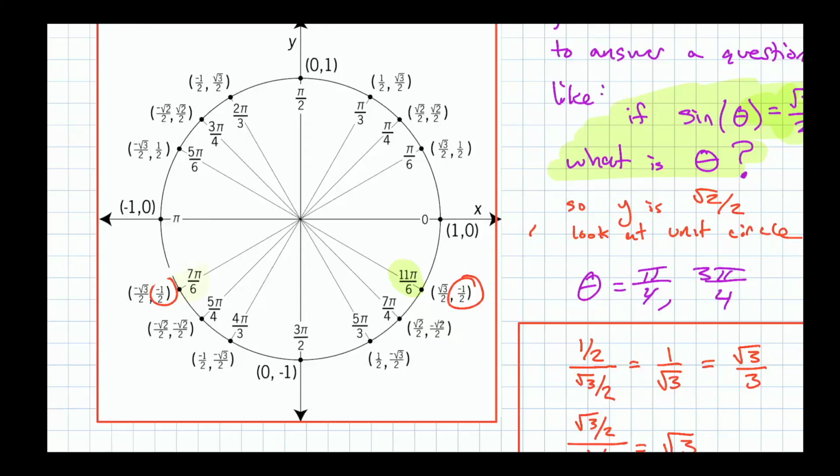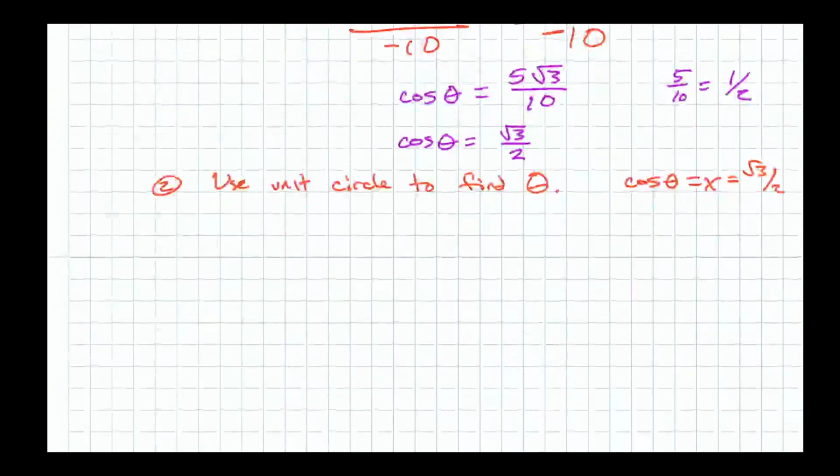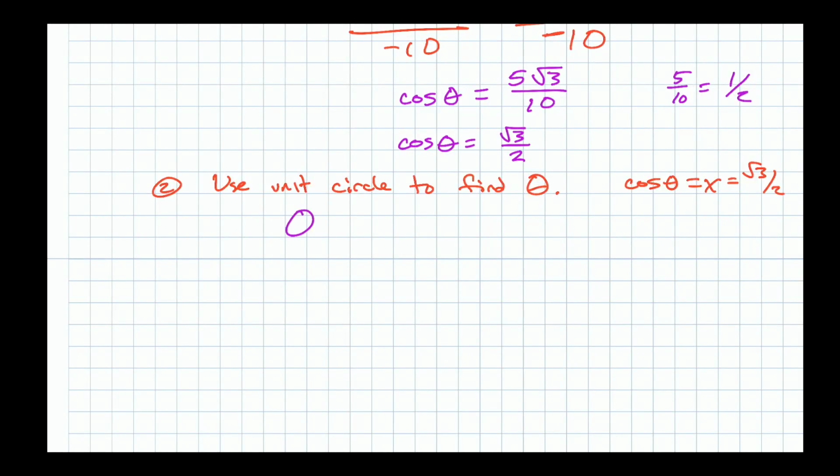I see it right here. And another place where the x value is square root 3 over 2 is down here. So that's pi over 6 and 11 pi over 6. All right, that's it, done.